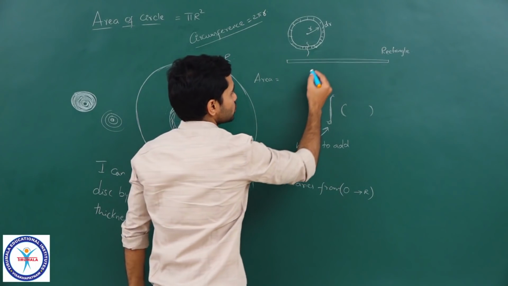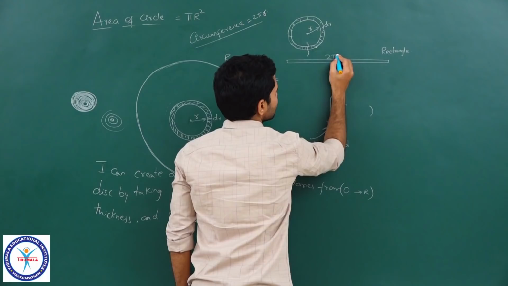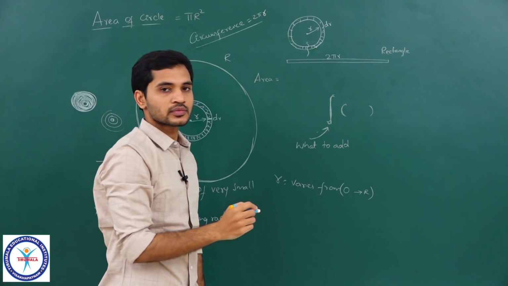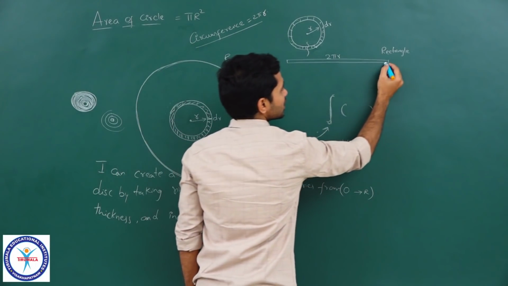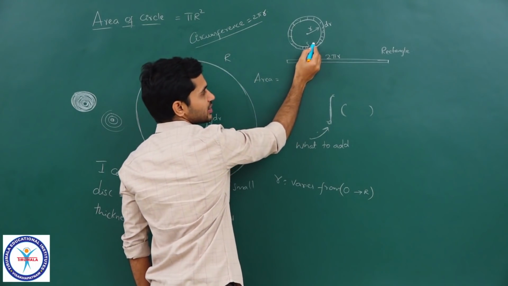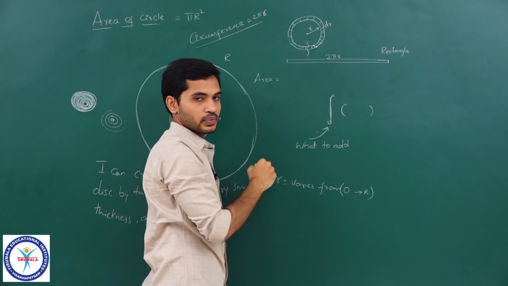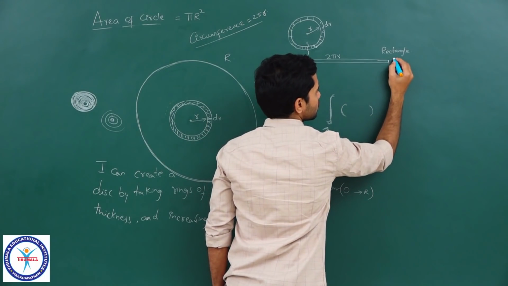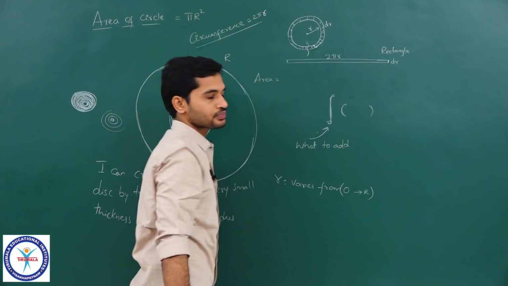So the length of this rectangle will be 2 pi r. Clear, students? And what will be the width of this rectangle? That will be the same as the width of this strip, so the width of that strip would be dr.